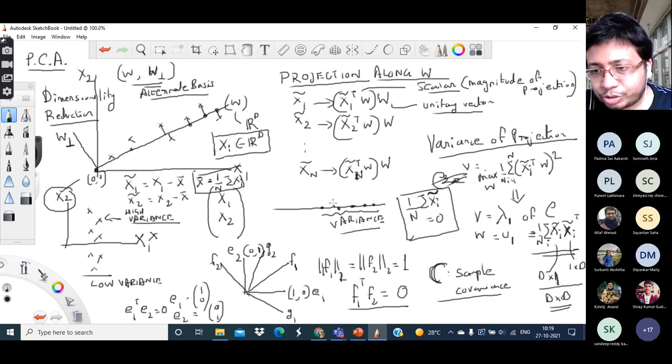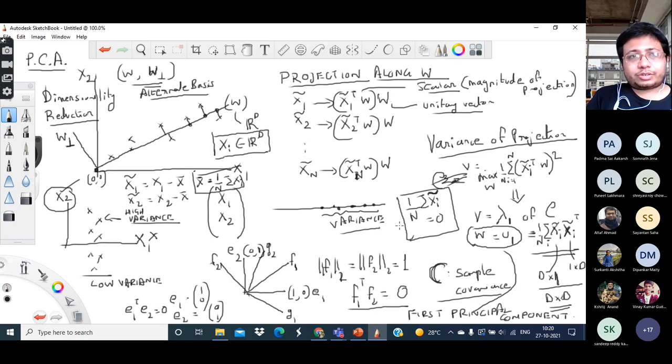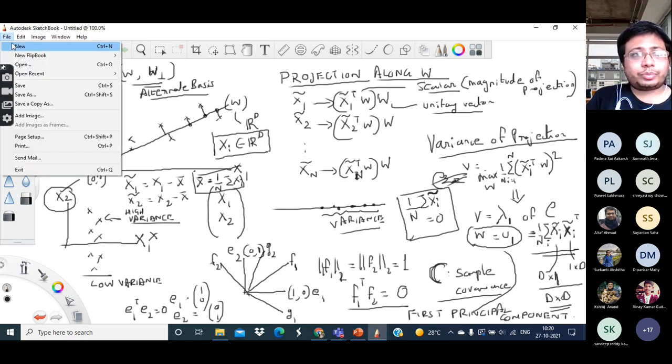Okay? And so this W, which is equal to U1, is called the first principal component of the data.